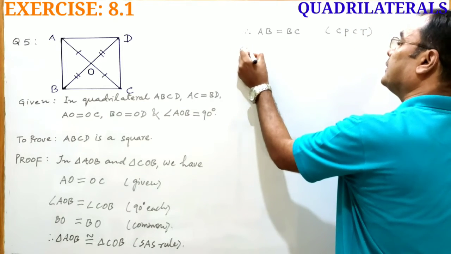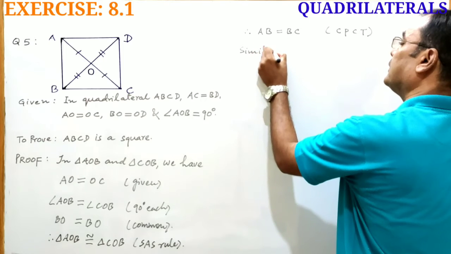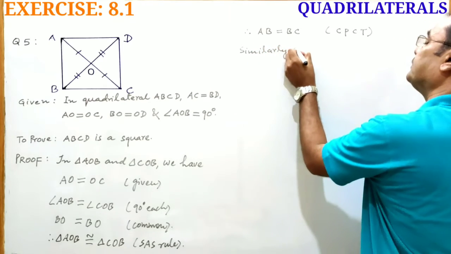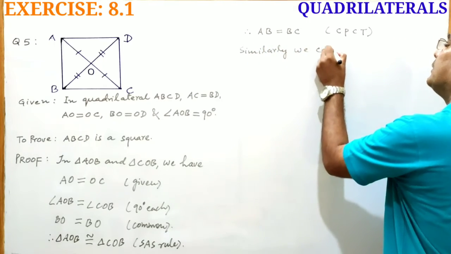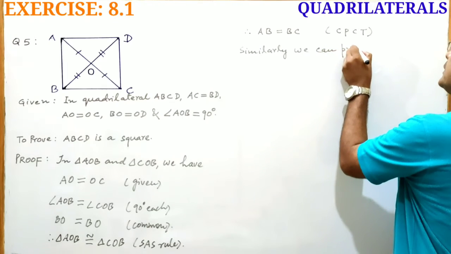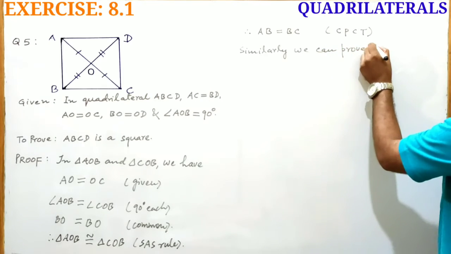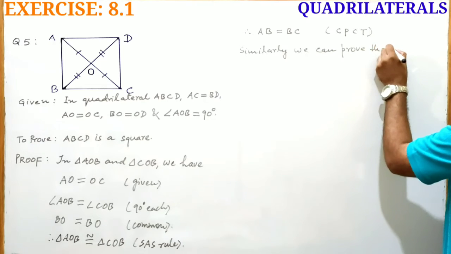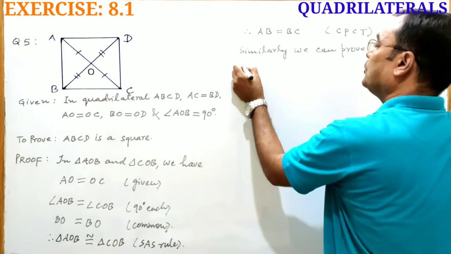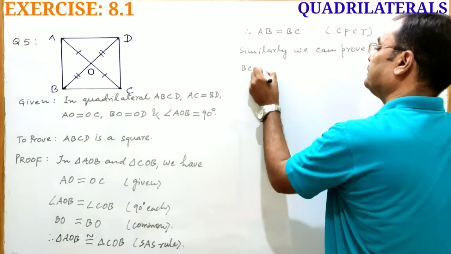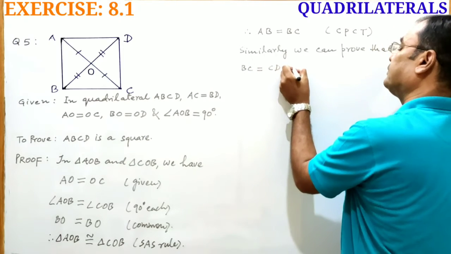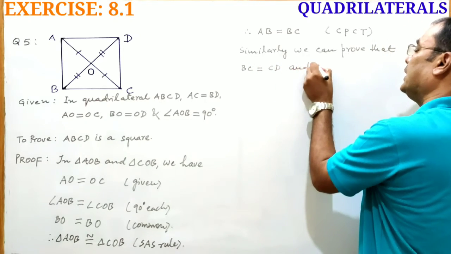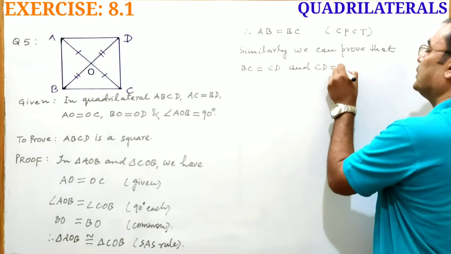Similarly, we can prove that BC is equal to CD and CD is equal to DA.